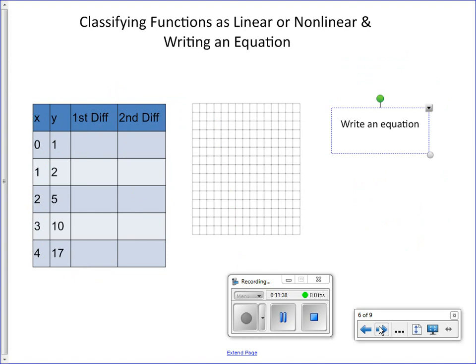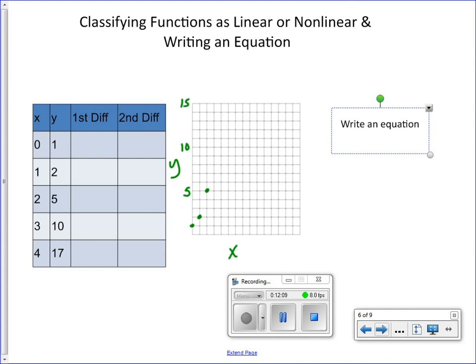Okay, looking at our next table, first of all, we're going to graph it. So this will be my x, this will be my y, and we'll just make every square 1 unit. So we have 0, 1, 1, 2, 2, 5, and I'm going to 6, 7, 8, 9, 10, 11, 12, 13, 14, 15.